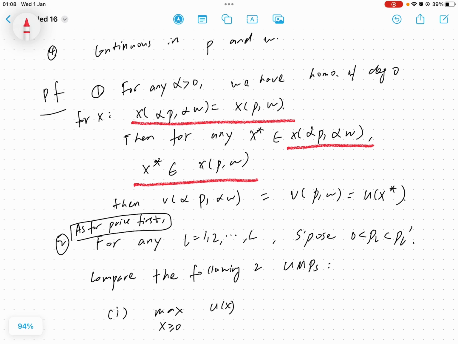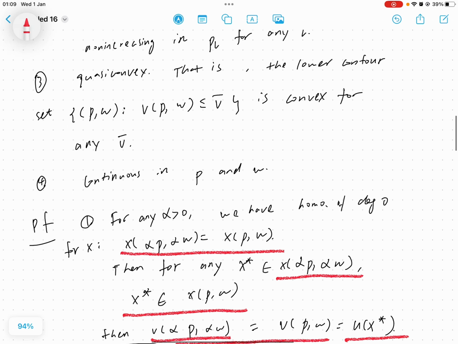This means that the utility from alpha p and alpha w gives the utility of x star, and v(p, w) also gives you x star. So those two have to be the same. Good. That would be the homogeneity of degree zero.